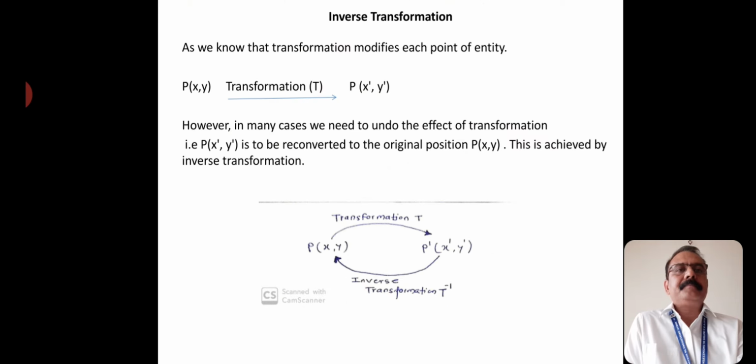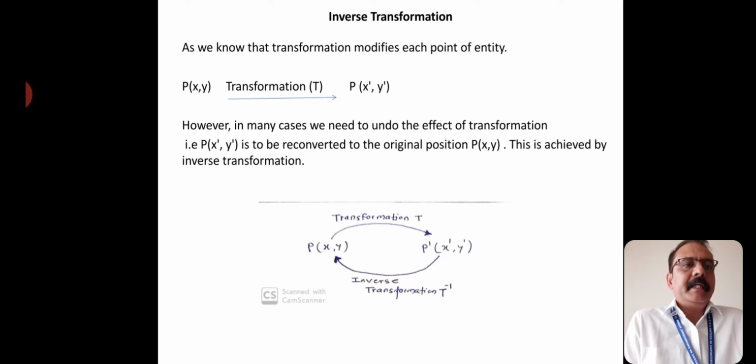Now the next point is inverse transformation. As we know, every transformation modifies each point of the entity or the object. For example, point P is given with coordinate x comma y. After a certain transformation, it is converted into P with coordinate x dash y dash.